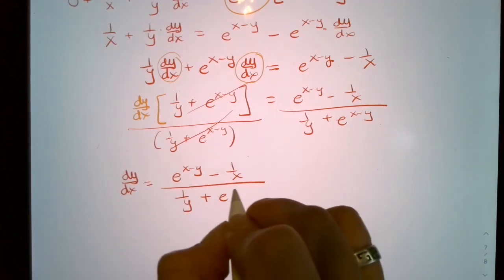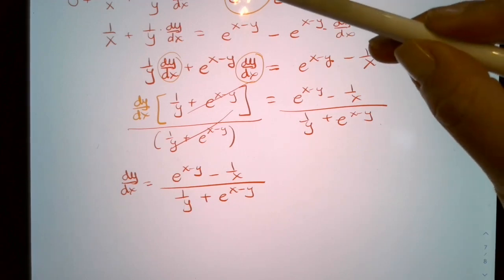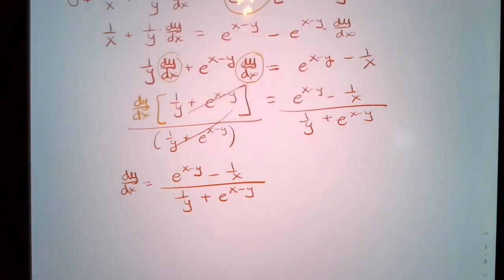Now, you can see math people do not like this expression. You have fractions and fractions. That is a problem. It is a solvable problem, and it's a quickly solvable problem. Let's look at those two denominators that I've got. The denominator of x, we don't like that. The denominator of y, we don't like that. I want to get rid of the complex fraction in one shot, really efficiently.